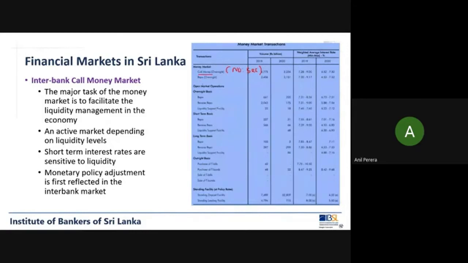But in the repo market, you have securities. Treasury bills or treasury bonds are kept as collaterals when you are borrowing. Clear? Any question on that?